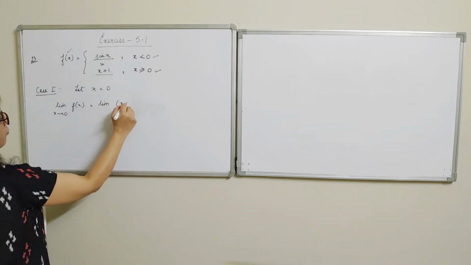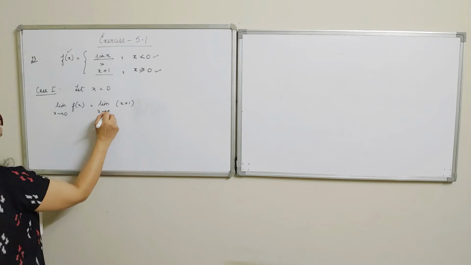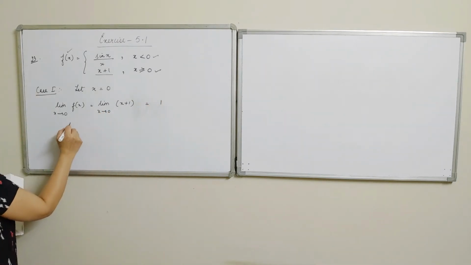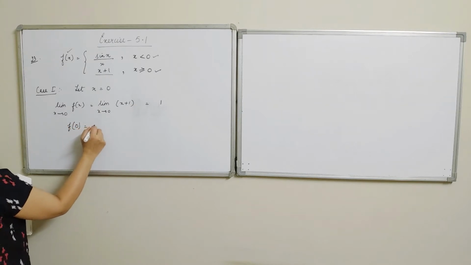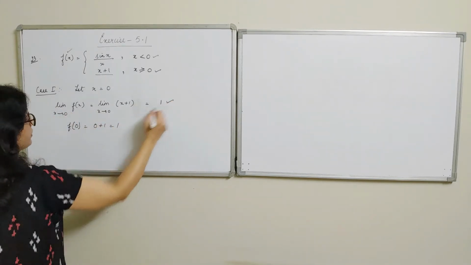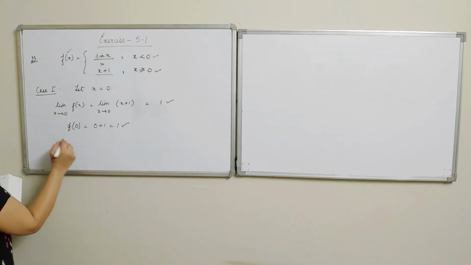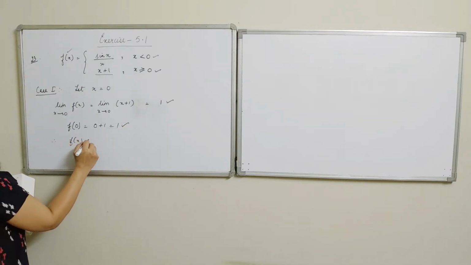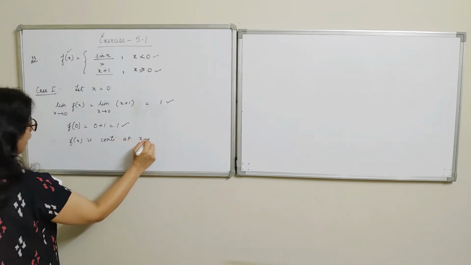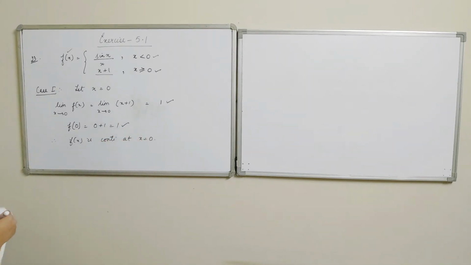So the limit of x plus 1 when x tends to 0 is 1. And the value of the function is also 1. So because the limit is the same as the value of the function, we can say that the function f(x) is continuous at the point x equal to 0.